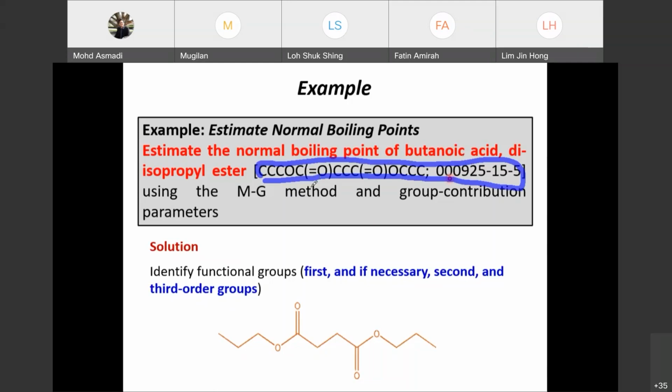Actually, from ICAS we can generate this compound, and it already has an identification ID number.